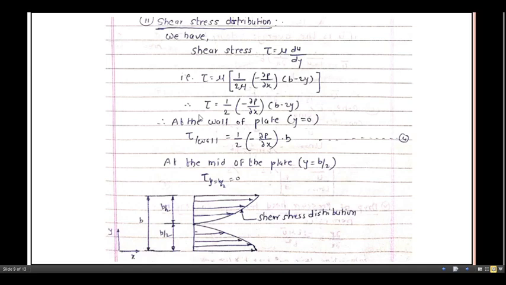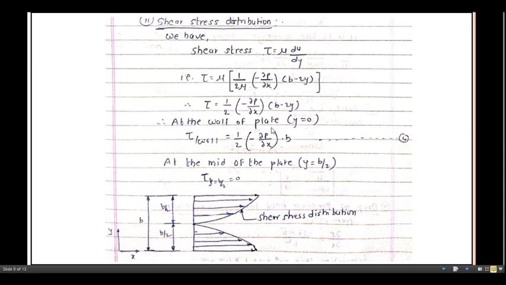Now for the next simplification, observe this one carefully. Mu gets cancelled, so 1 upon 2 into minus dP by dx into b minus 2y. This term is written as it is.